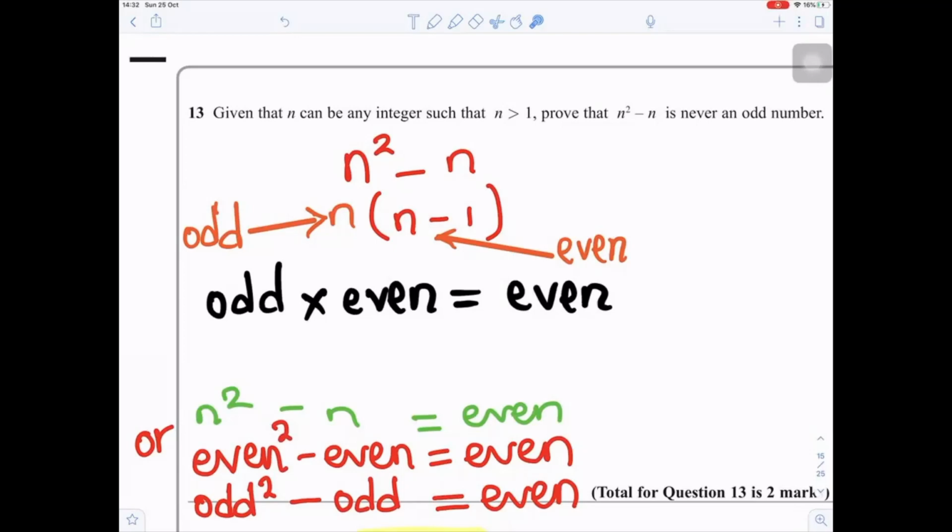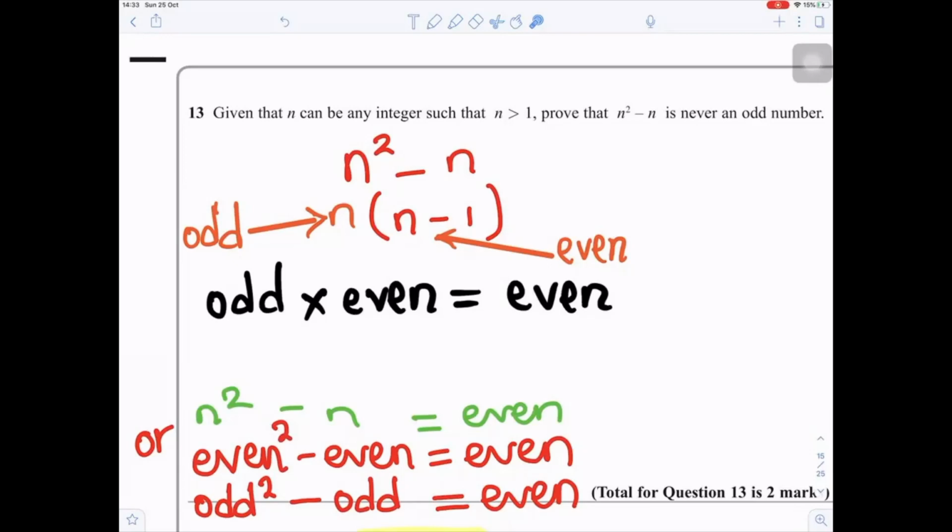If n is an odd number, n minus 1 will be an even number. Whenever you multiply an odd number times an even number, you get an even number. The other way around, if n is an even number, n minus 1 will be an odd number, and whenever you multiply an odd number and an even number, you get an even number. That's one way of doing it.